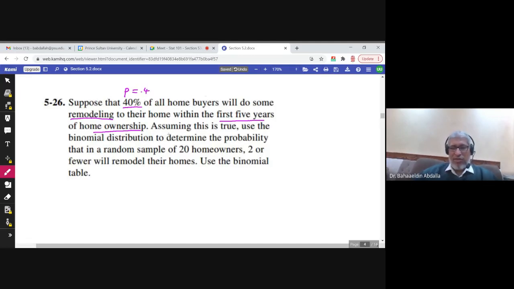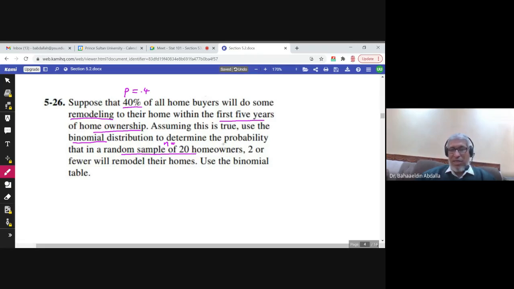Let us continue and see. Assuming this is true, use the binomial. Since he said binomial, okay, so this is for sure a probability. And determine the probability that in a random sample of 20, okay, so this is the sample size, and we have learned that the sample size is called n. So n is 20.